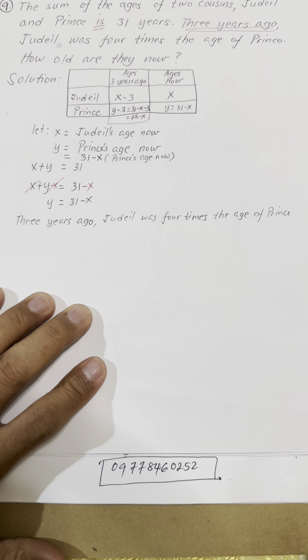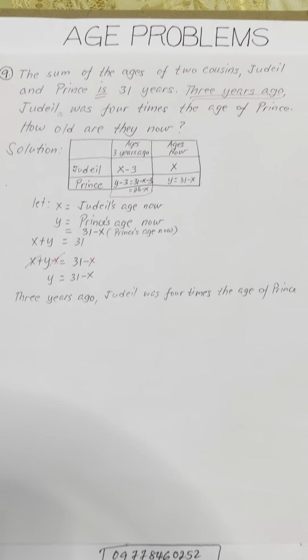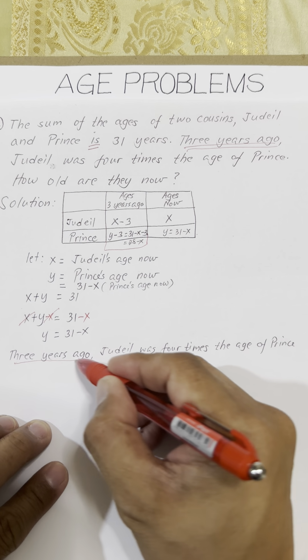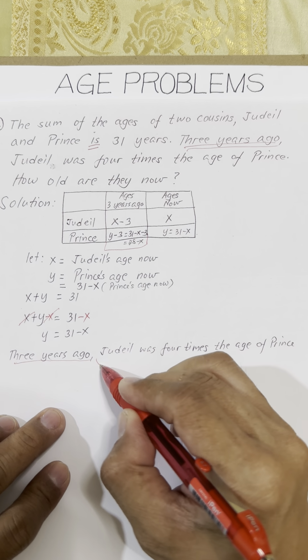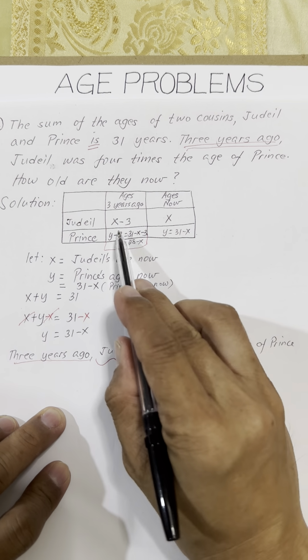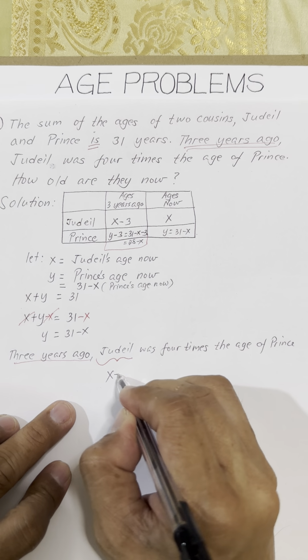Okay? So, 3 years ago. What is Judel's age 3 years ago? So, Judel was X minus 3. That was 3 years ago.